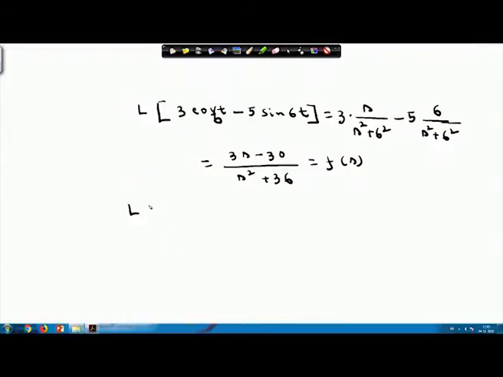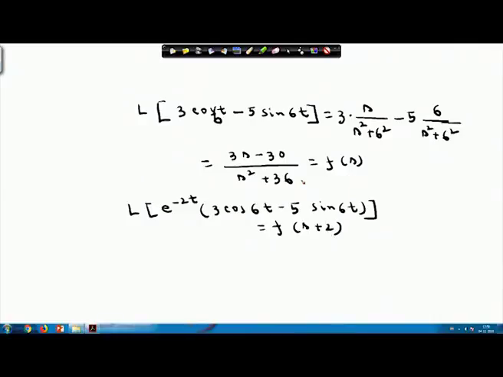Therefore, from here the Laplace transform of e power minus 2t into (3 cos 6t minus 5 sin 6t), again I will use the earlier property, is nothing but F of (s plus 2). So, you know what is F(s).